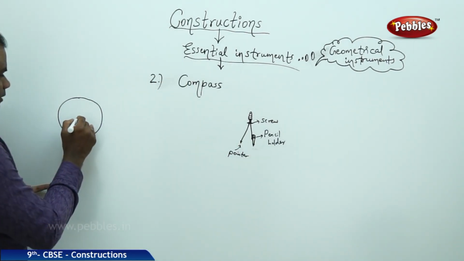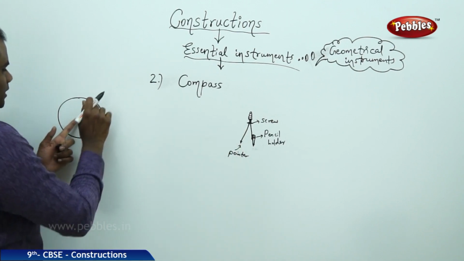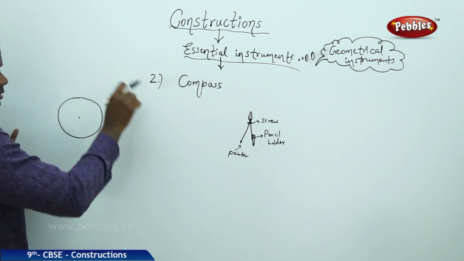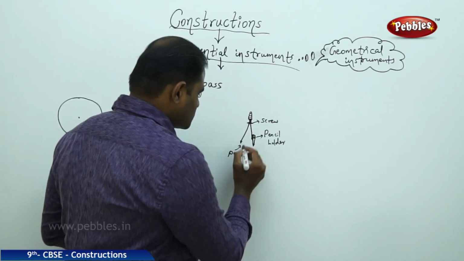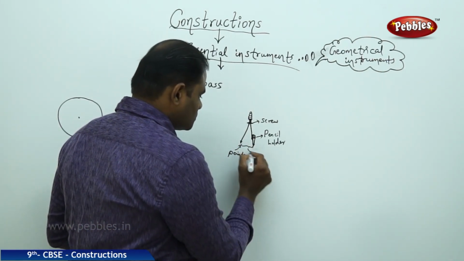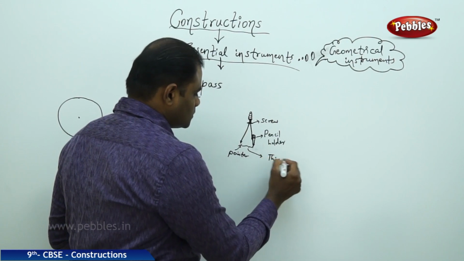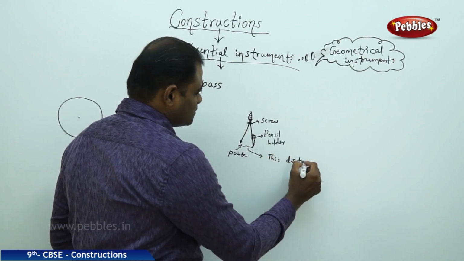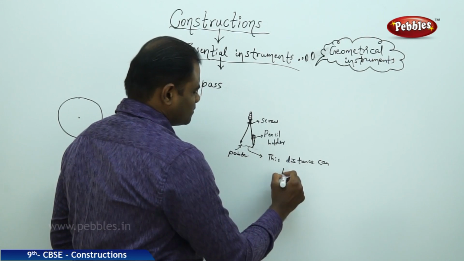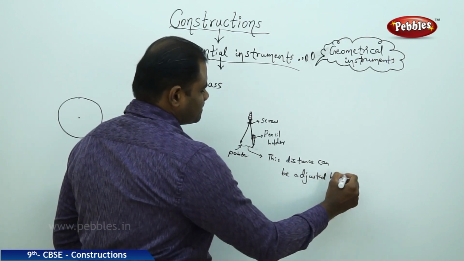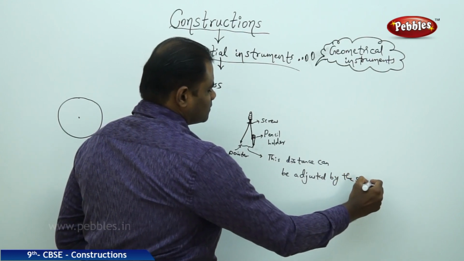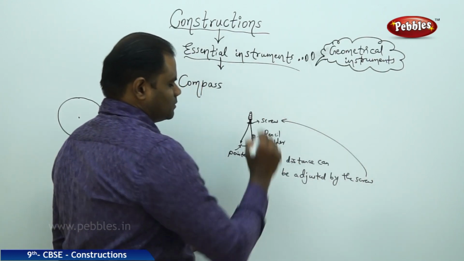So I fix the pointer at this point, and then I move the pencil round depending on the distance I want to take. So this distance can be adjusted by the screw which is out here.